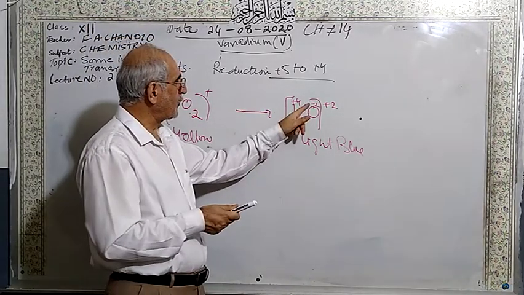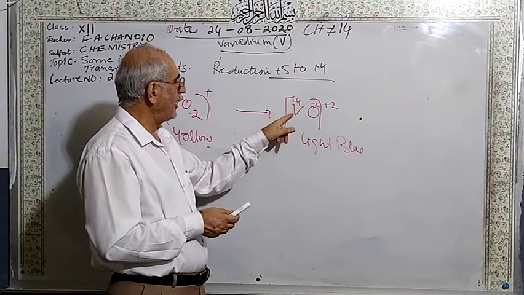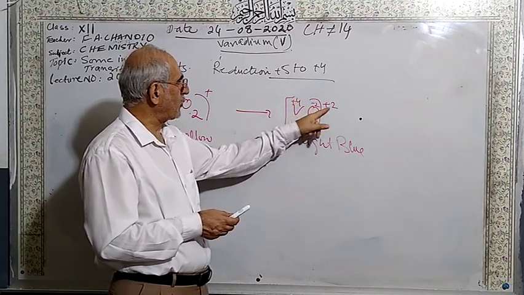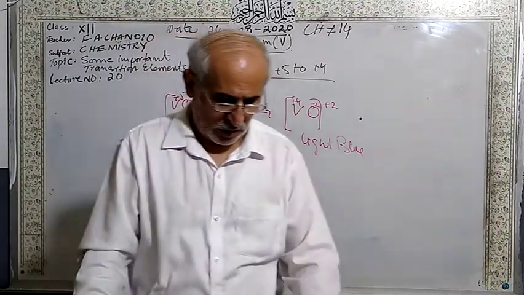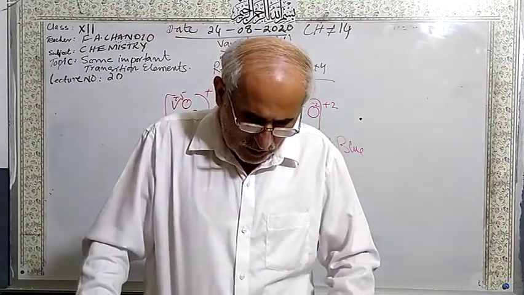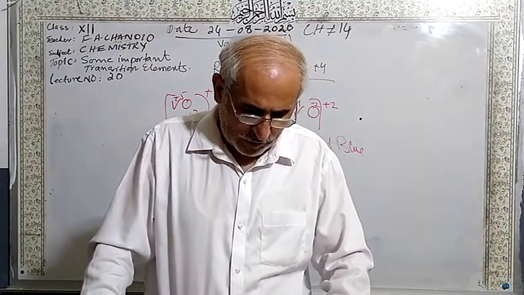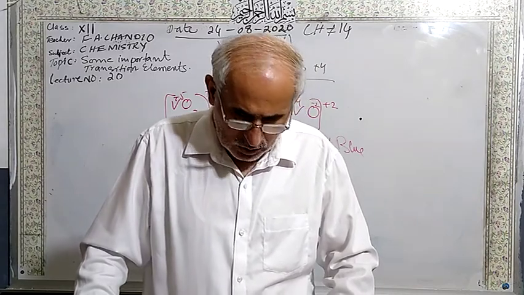So oxygen negative 2 and vanadium positive 4, negative 2, you will get positive 2 here. So dear students, this is the conversion of oxidation number 5 to 4.